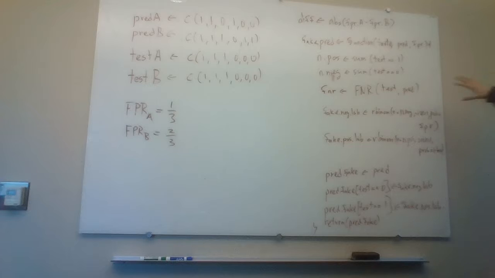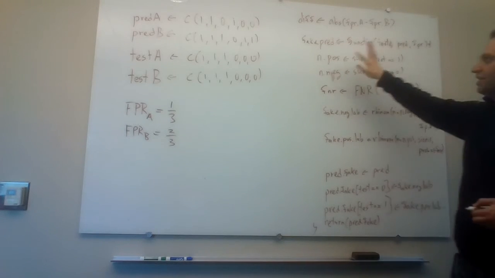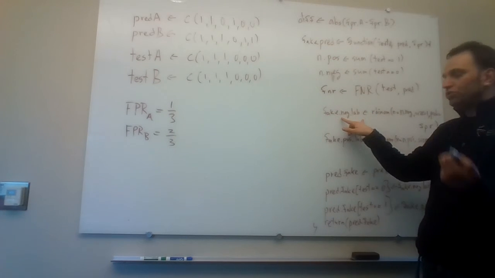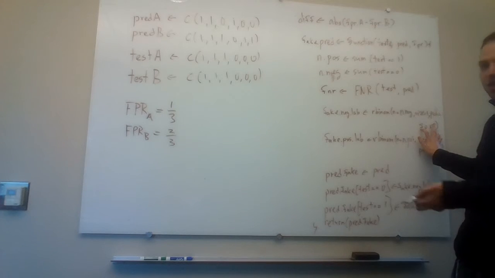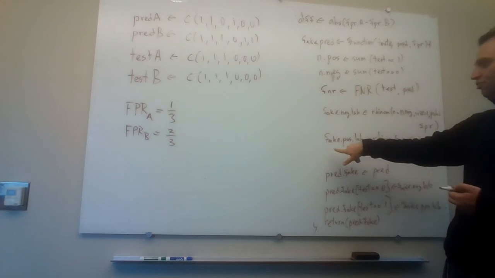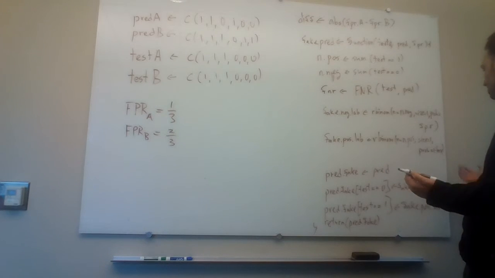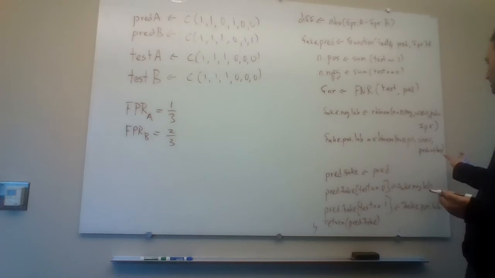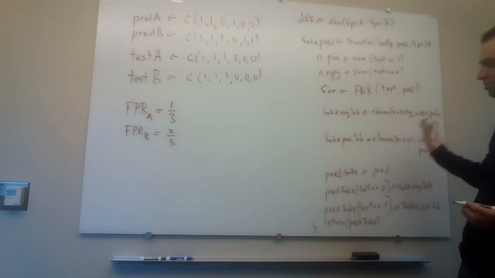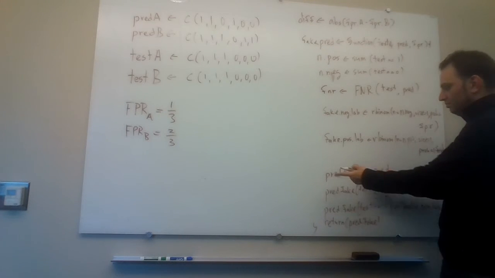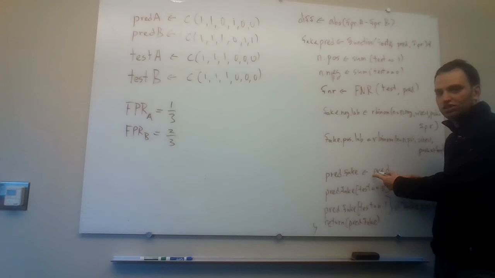So what did I do here? I said, let's generate the predictions for the negatives. And those predictions are mostly going to be 0, except with probability FPR, they're going to be 1. And let's generate predictions for the positives, and they're going to be mostly 1, hopefully, assuming that the FNR is low, but sometimes with probability FNR, they're going to be 0. Okay? And now let's take pred fake, and initially it's just going to be pred.